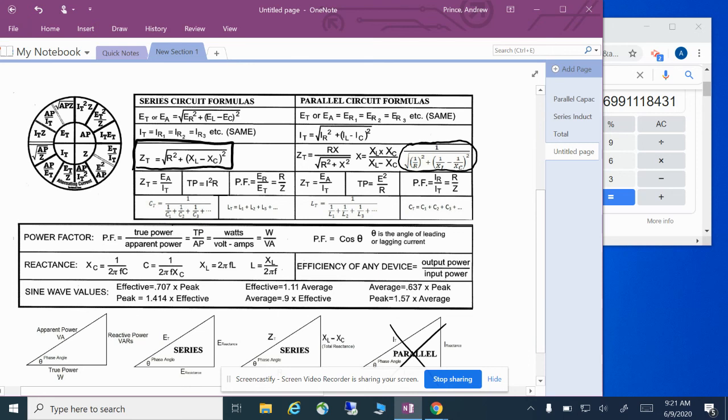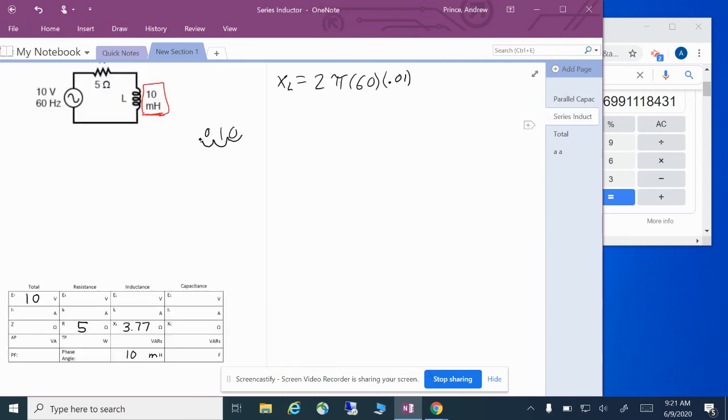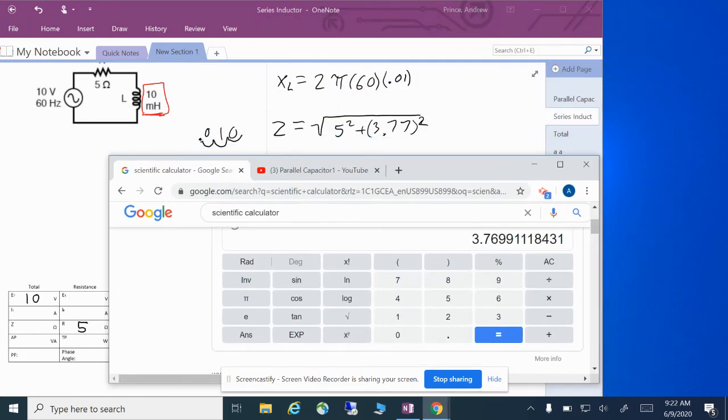So the square root of R squared plus XL minus XC, squared. This is only inductive, so we're only going to have the XL squared, and we're going to find the square root of that. So Z equals the square root of 5 squared plus 3.77 squared. Okay, let's go ahead and put that in here.